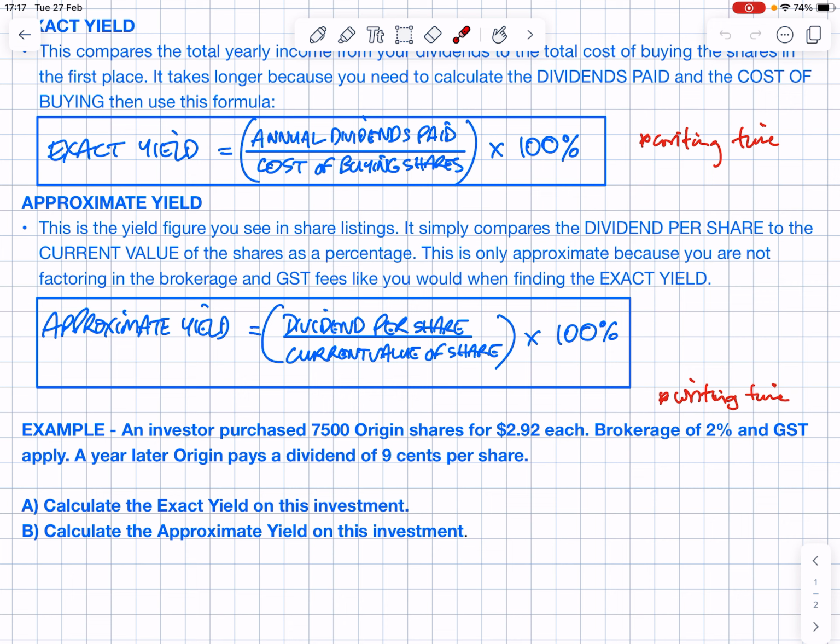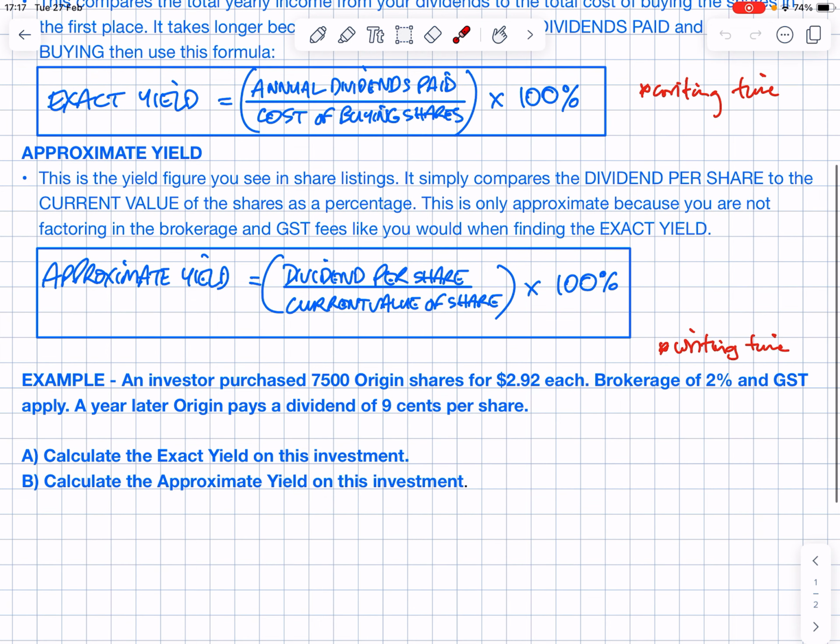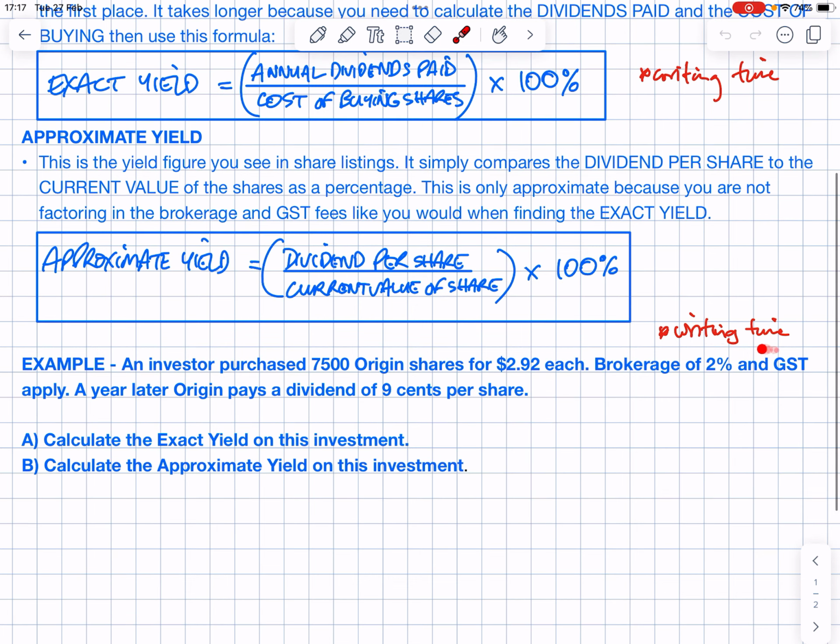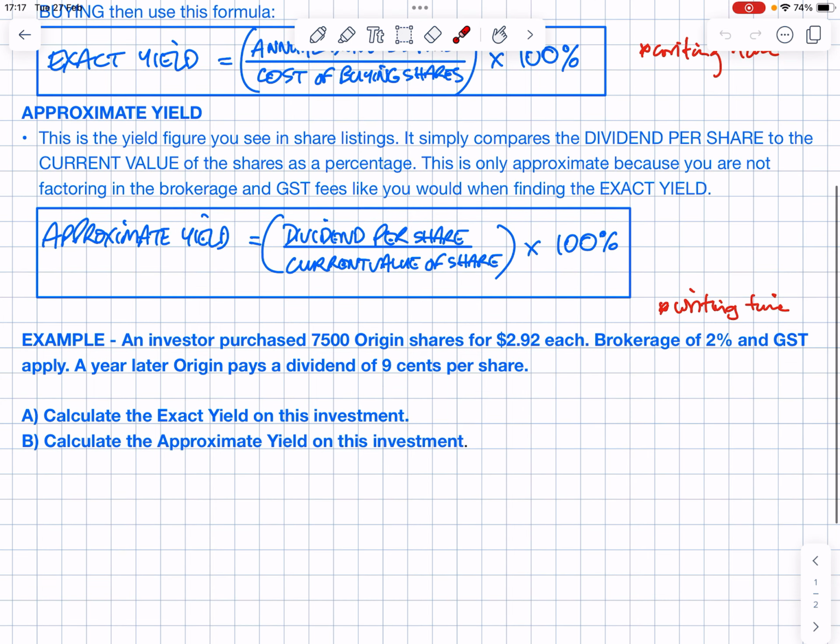So what you'll tend to find is this approximate yield is slightly bigger because it's not accounting for the fee of brokerage and GST. So the approximate yield is just the dividend per share divided by the current value of the share, and then you times that all by 100%. So pause if you need to get these formula down.